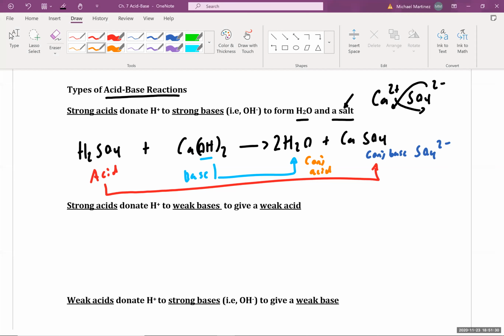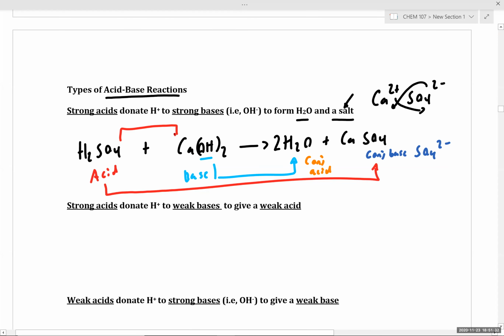Overall, in this process, we have transferred a proton from our acid to our base twice because there are 2 hydroxide equivalents. And conveniently enough, sulfuric acid has 2 protons. That's why we make 2 water molecules.